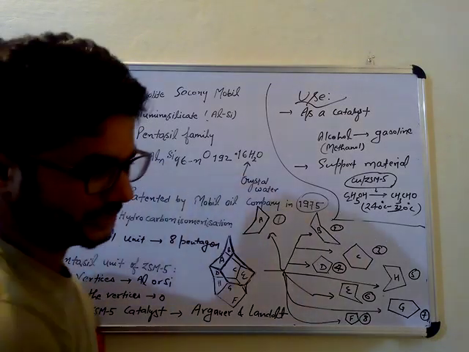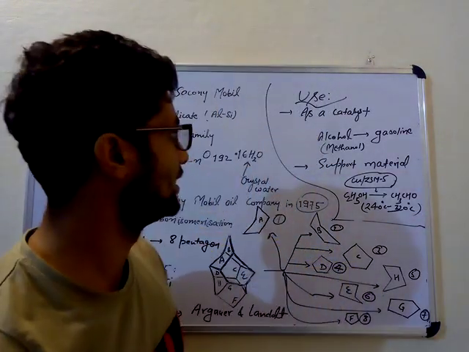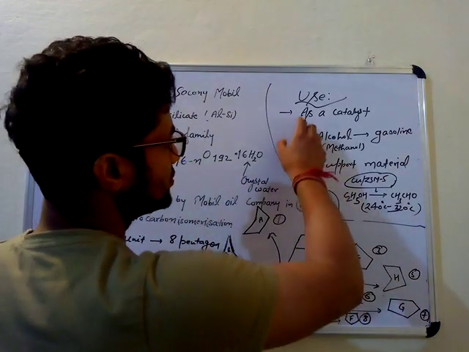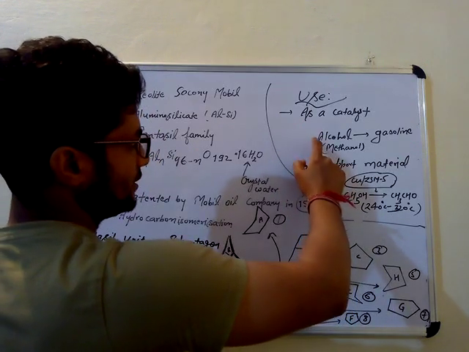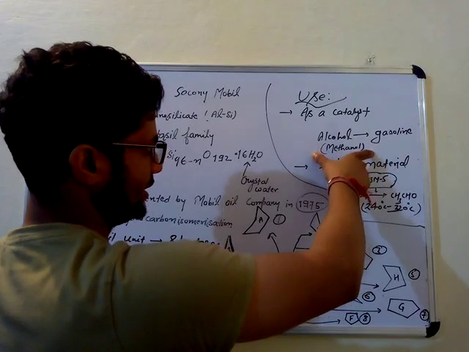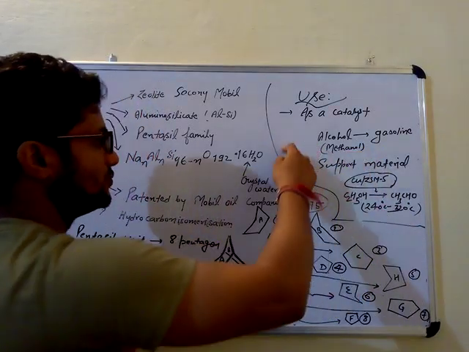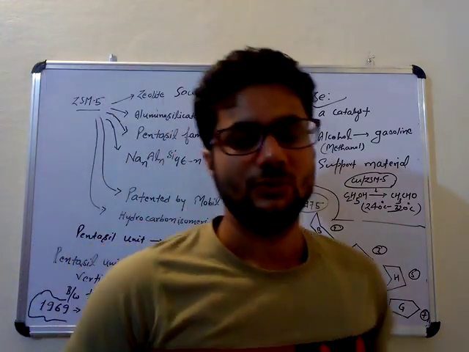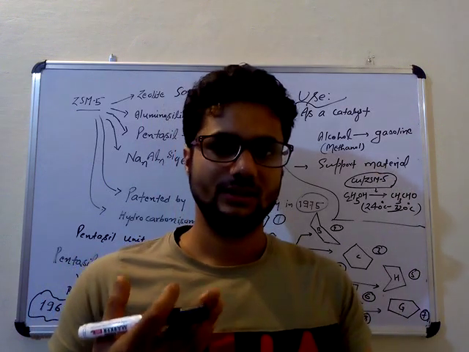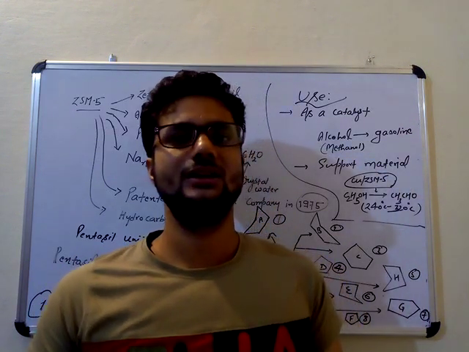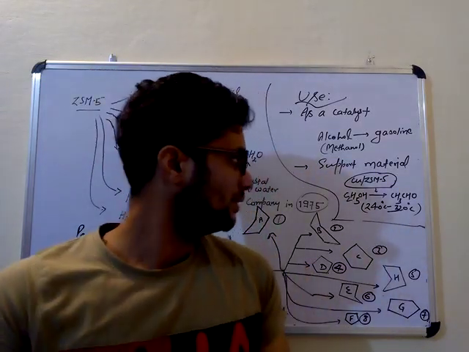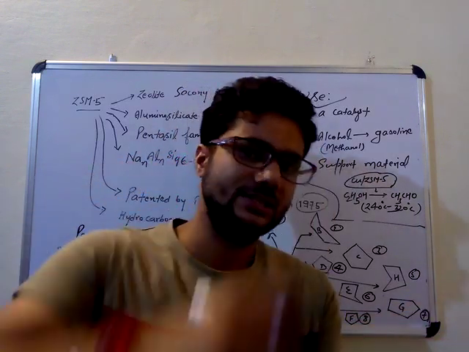What are the uses of ZSM-5? It is used as a catalyst, which increases the rate of reaction. ZSM-5 is used for the transformation of alcohol to gasoline, where the alcohol converted is methanol. It can be used as a support material in catalysts. Sometimes supports act as an active agent and participate in catalytic activity, and sometimes they just provide a support; they make a base for the active agent.